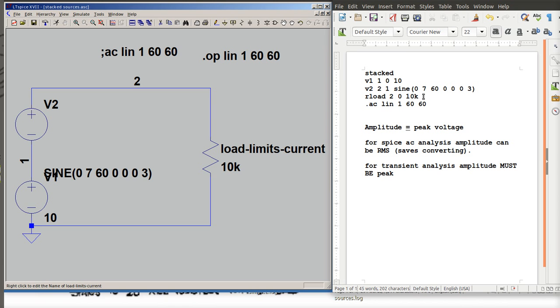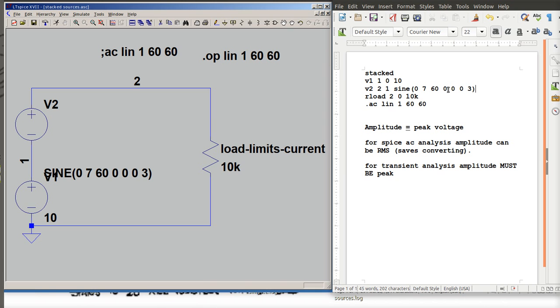So everything we typed in or filled in the graphic mode, you can type in a text mode. You just have to know what goes where. The first one's DC offset. We left that 0. 7 is amplitude. That's the second. So it's sine, open parentheses, 0, space, 7. That's amplitude, space, 60. That's frequency.